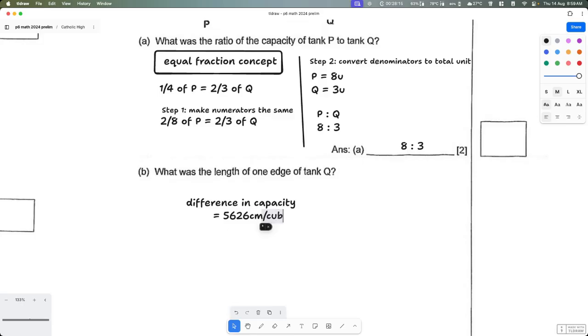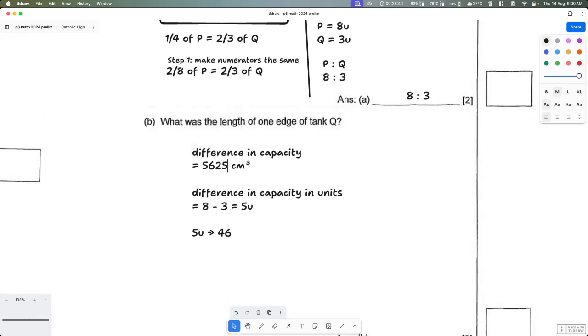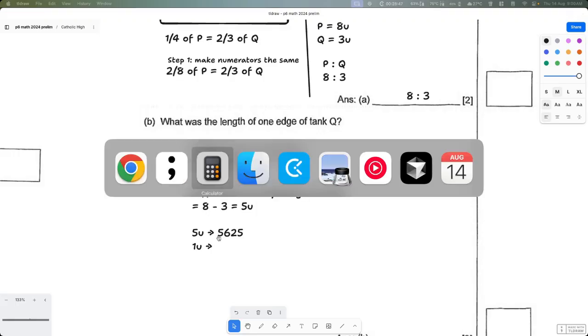We also know that the difference in capacity in units is 8 minus 3, which is 5 units. So 5 units is equal to 5,625. So 1 unit is equal to, use your calculator.